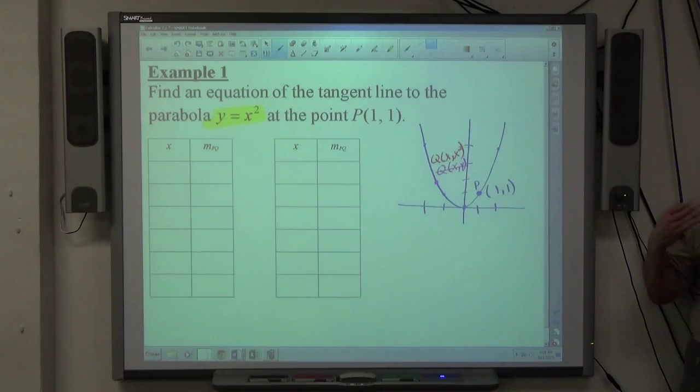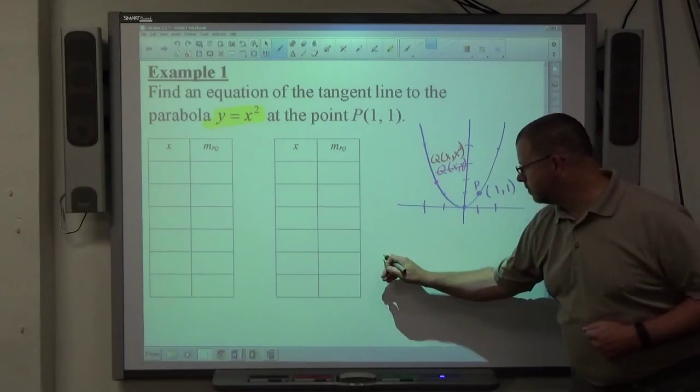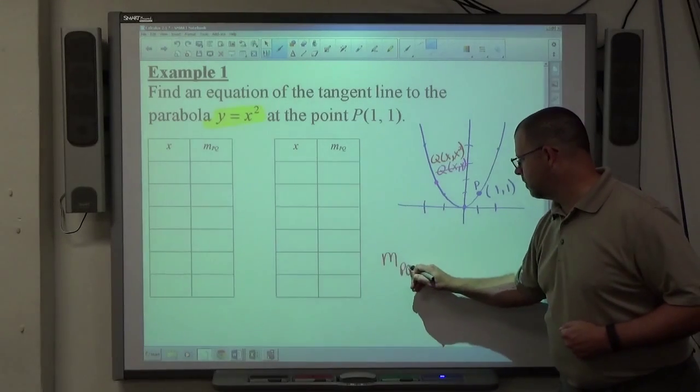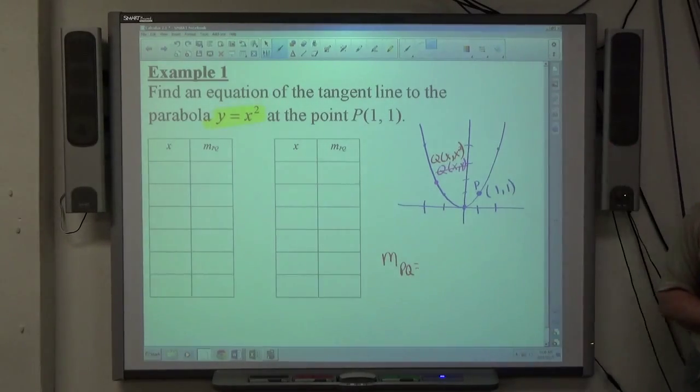So when you see a problem and they give you an equation, this is the easiest type of problem there can be in this family of problems. All right? So if I wanted the slope from P to Q, applying the slope formula, what does the slope formula tell us to put on top?